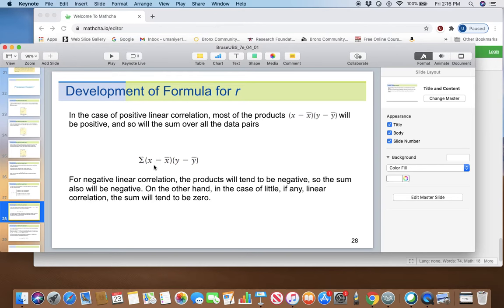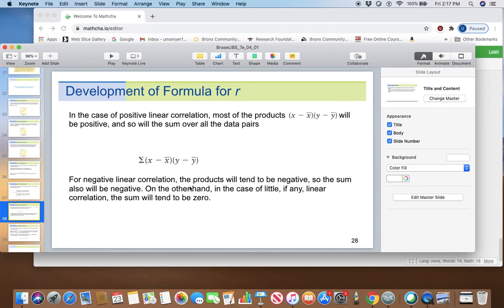So take the sum of such products. Add products where each factor is x minus x bar, y minus y bar. All right, so what happens? When you add all of these, if each product is negative, the sum will be completely negative. If each product is positive, the sum will be completely positive. So in the case of positive linear correlation, most of the products will be positive, and so the sum will be positive.